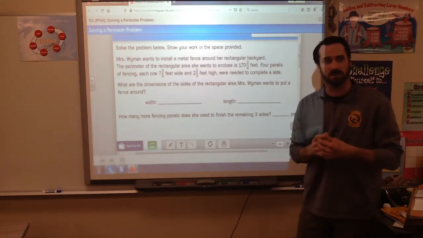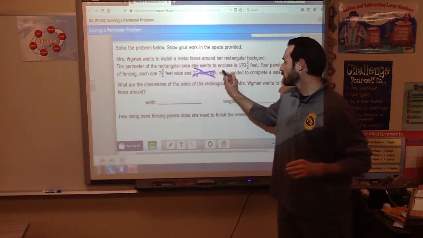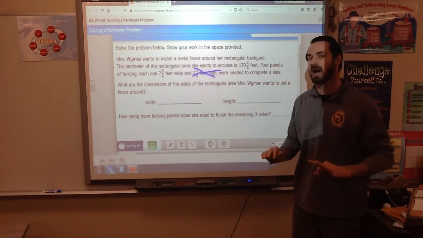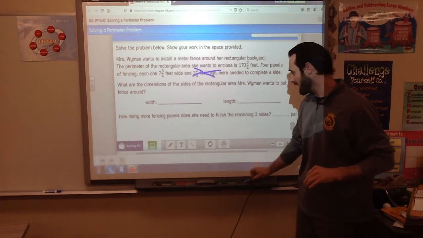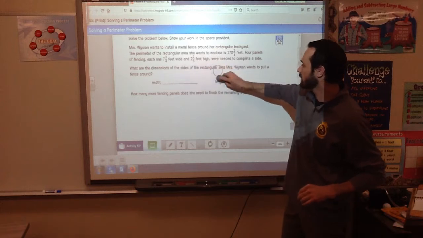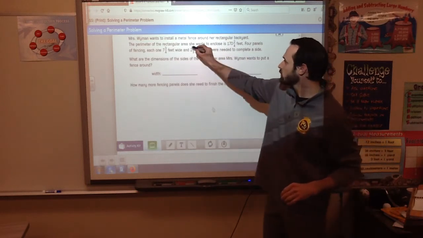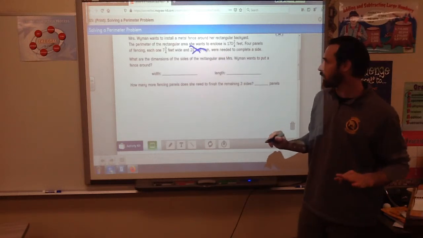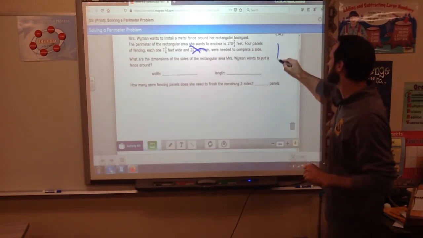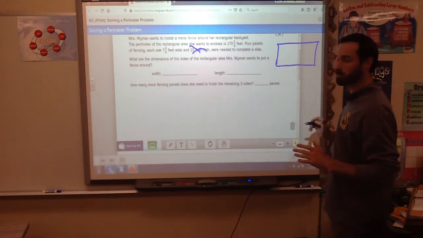Okay, so here's the first thing I'm going to tell you. For this problem, the 2 2/3 feet high does not matter, because what we're looking at is this rectangular area. This is her backyard.